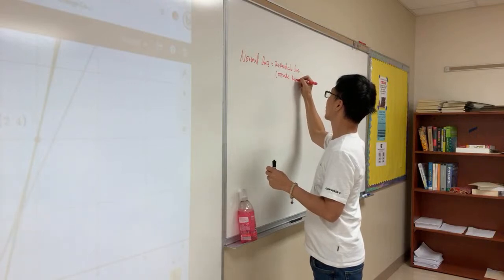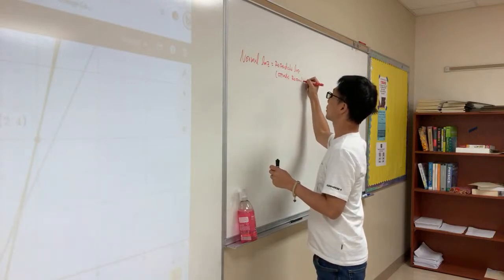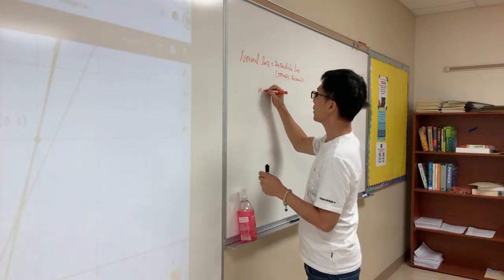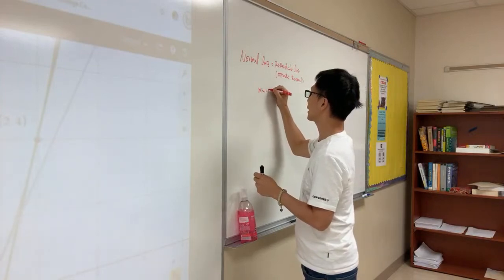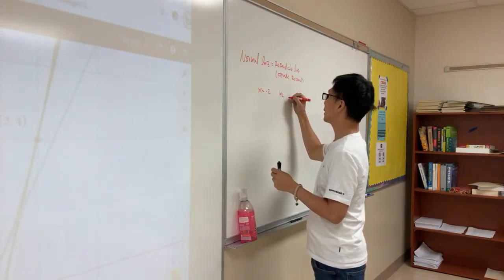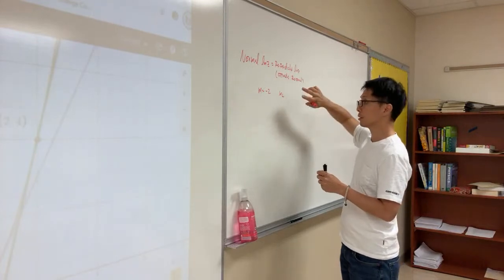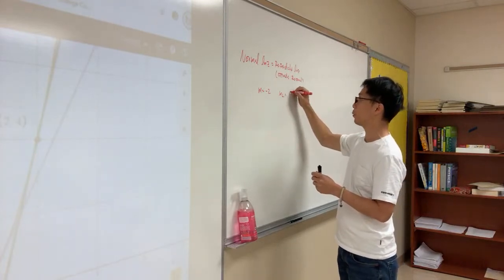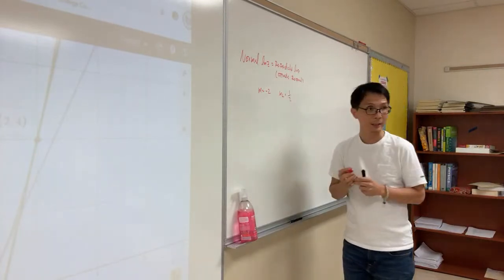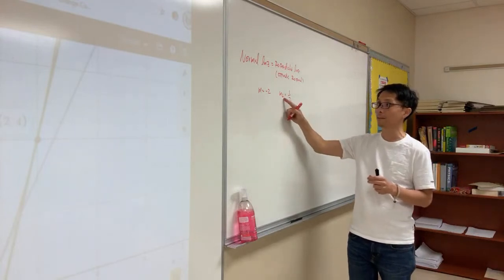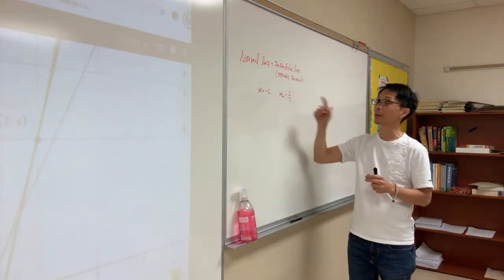If we have m equal to -2, the m perpendicular is what? The reciprocal is 1/2. So I usually write down m perpendicular. That just means normal line.